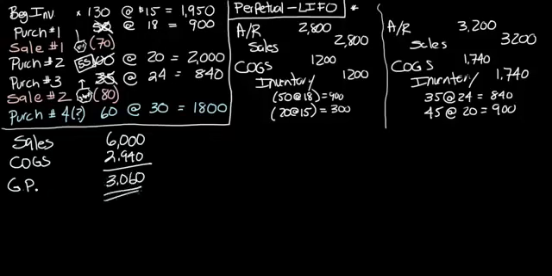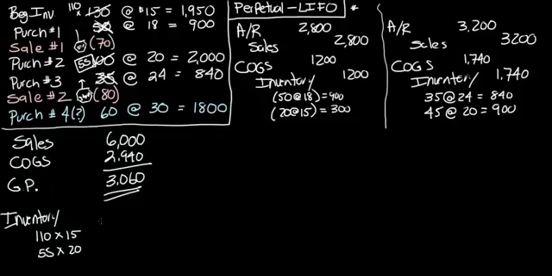And this is all ignoring, again, this purchase number 4. Okay, my inventory at this point includes, well, I used 20 units out of here, didn't I? Yeah, I believe I used 20 units out of here. So I have 110 units left. So my inventory includes 110 units at $15 a piece, and it includes 55 units at $20 a piece.